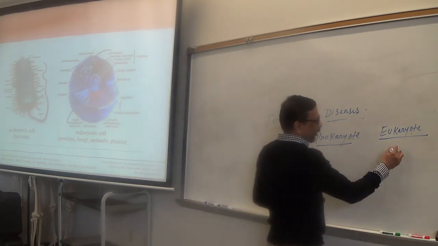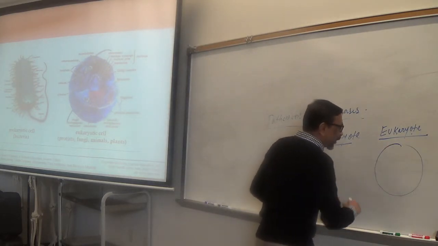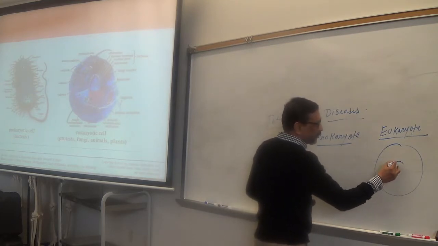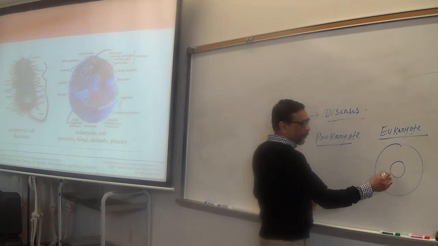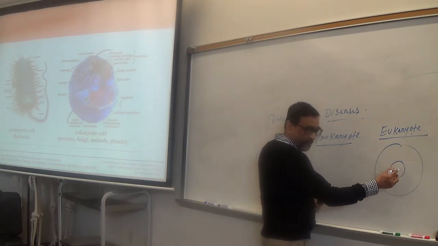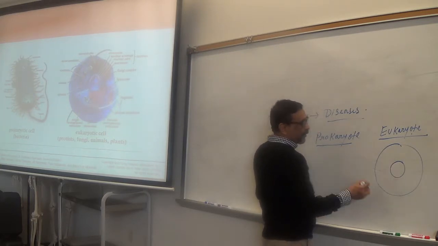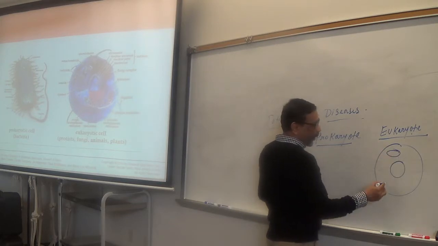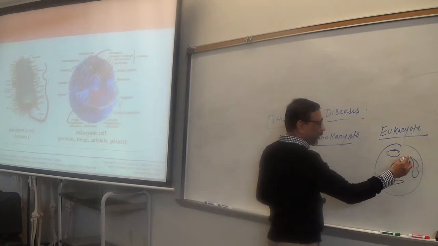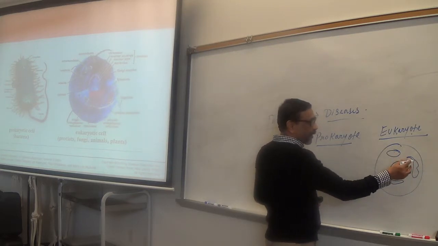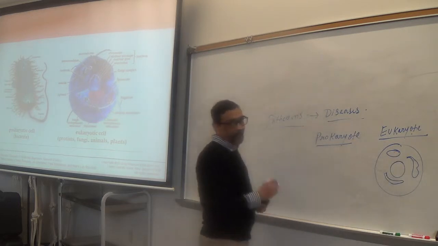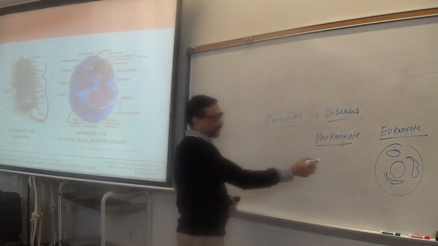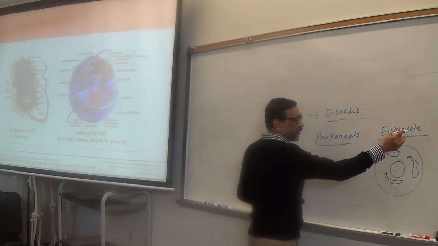So a human body cell, for example, has a nucleus, which is membrane bound, bounded by the nuclear envelope, or nuclear membrane. We have mitochondria, we have Golgi apparatus, we have endoplasmic reticulum. All those organelles have membranes. So membrane bound organelles are present in eukaryotes.